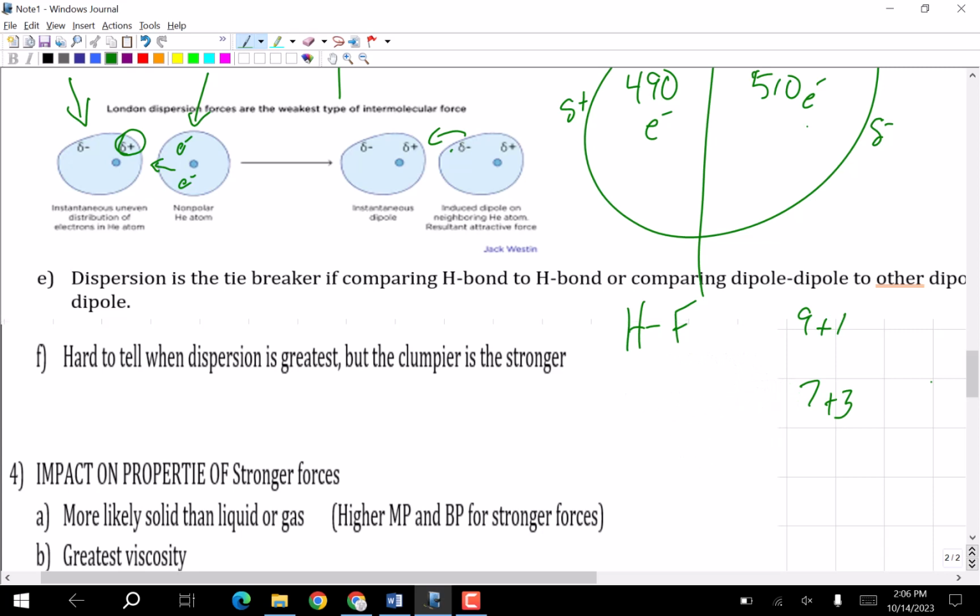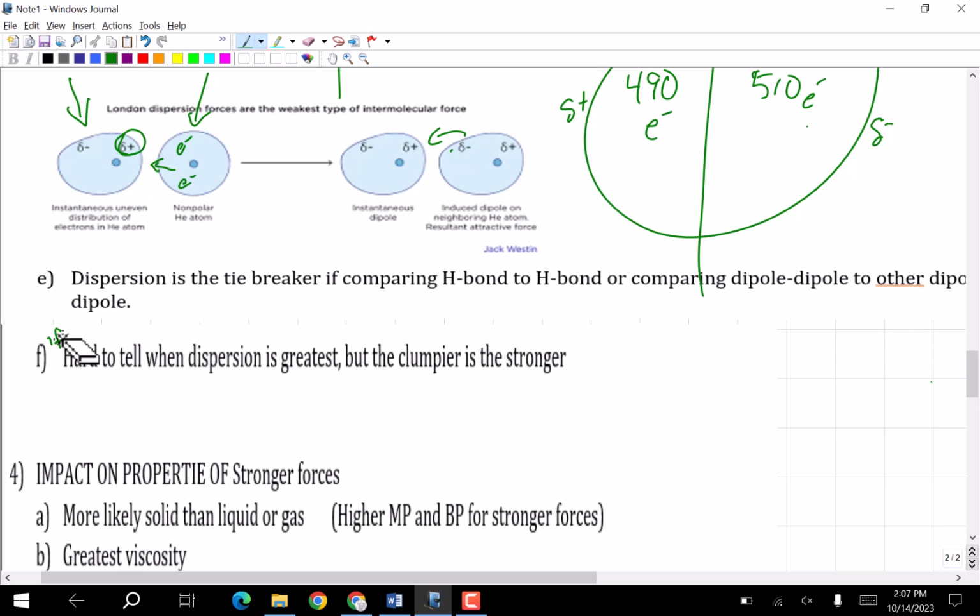Let's do H2O. H to O to H. Why do I pick everything that adds up to 10? I'm doing such a poor job. You get an idea for it, so I'm going to stop doing that now. But you're going to pick whichever one has the most electrons. Hard to tell which one is greatest, but clumpier is stronger.